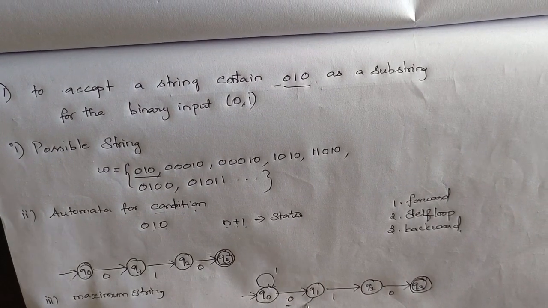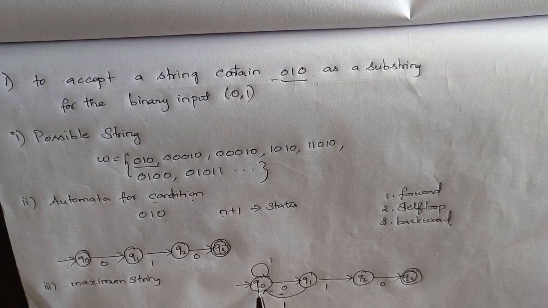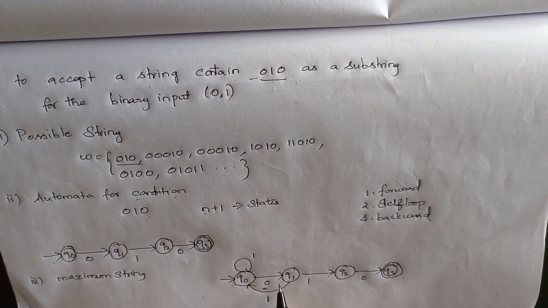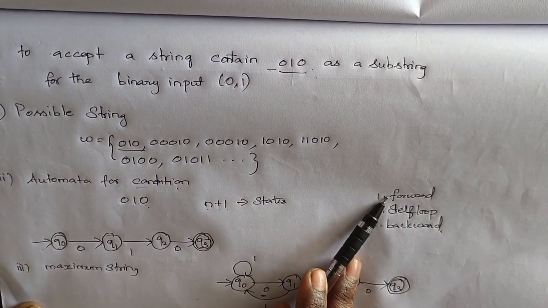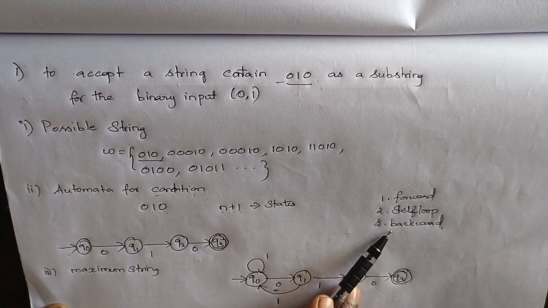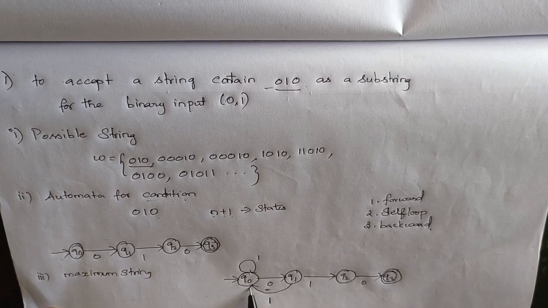If we give it backward to Q0, it is 1, 0, 1, 0, 1, 0, so the substring 0, 1, 0 is retained in the automata. So forward fails, self loop fails, and backward retains the substring. So Q1 on 0 goes to Q0.